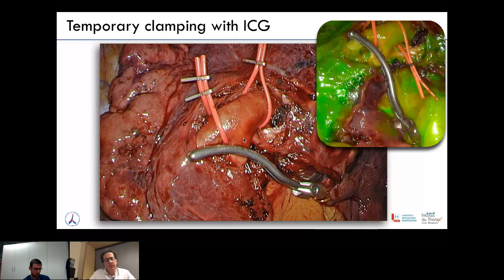And we did not clearly understand during the procedure. So in 2 or 3 cases, we have used these bulldogs to clamp temporarily the artery, inject the indocyanine green, and see here the segments to be removed. So it makes you feel more confident sometimes.